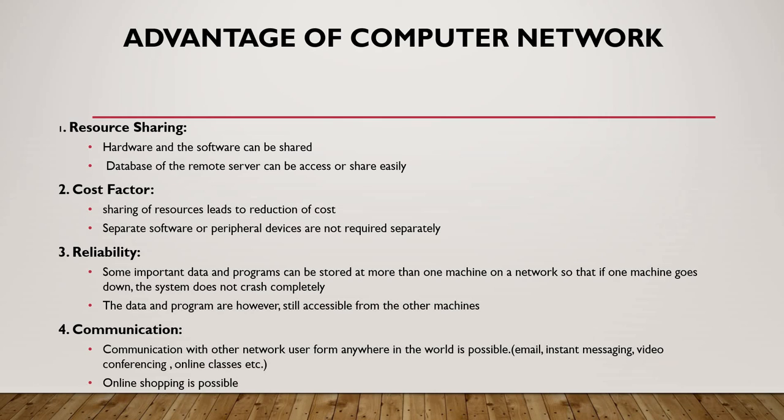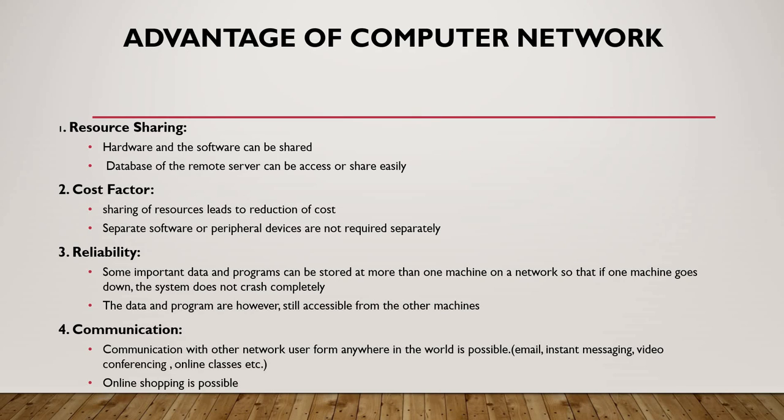Now, third point is reliability. Some inputted data and program can be stored at more than one machine on the network so that if one machine goes down, the system does not crash completely. That means it's also, we can say it as a backup facilities.